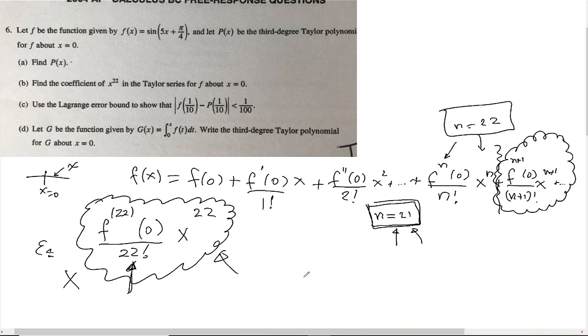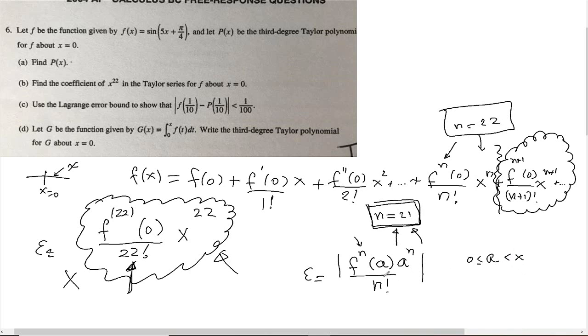It says that the error is about, and this is the Lagrange error formula, the absolute value of the derivative n, whatever n is, at a number over here, let's call it a, to the n over n factorial, and this a is between 0 and x.